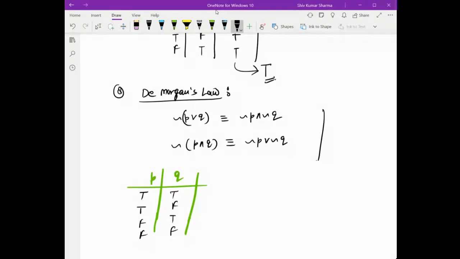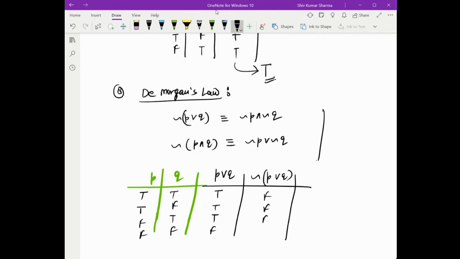Then we write P or Q. P or Q is false only when both are false, so true, true, true, false. And the negation of P or Q is false, false, false, true. Now for the RHS part, we calculate negation P: false, false, true, true. And negation of Q: false, true, false, true.